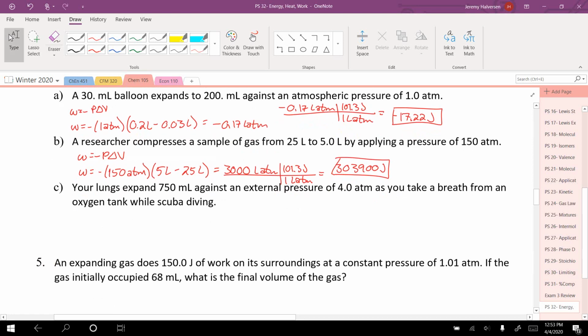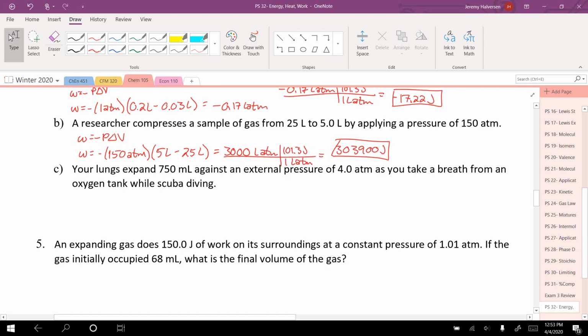Your lungs expand 750 milliliters against an external pressure of 4 atmospheres. You take a breath. All right, so work equals negative P times change in volume. Pressure is 4 atmospheres. And it expands 750 milliliters, so that's just the change in volume. And it's expanding, so that change in volume should be positive. I'm going to change it to liters.